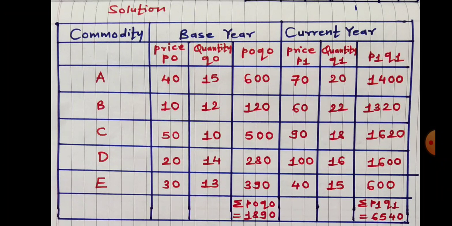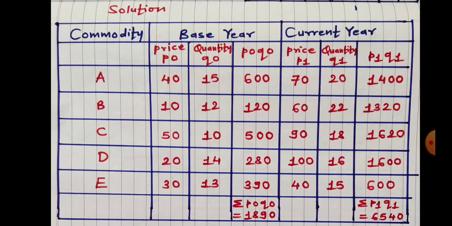Now let us see the current year. We already added the additional column, that is P1 Q1. How do we get the value of P1 Q1? So P1 into Q1. Okay, so 70 into 20, 1400. 60 into 22, 1320. 90 into 18, 1620. 100 into 16, 1600. 40 into 15, 600.